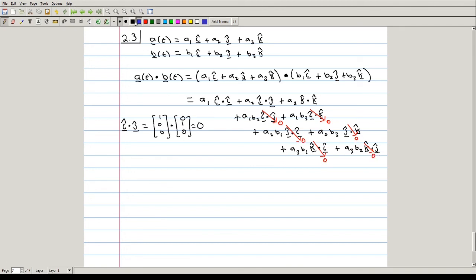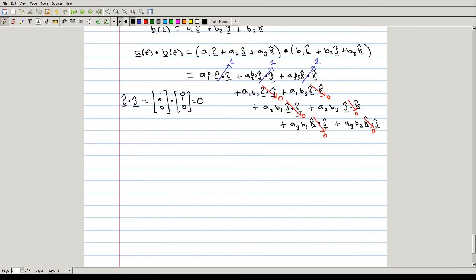While each one of these values, i dot i, j dot j, and k dot k is in fact equal to 1. So this should be a1 times b1, a2 times b2, and a3 times b3.